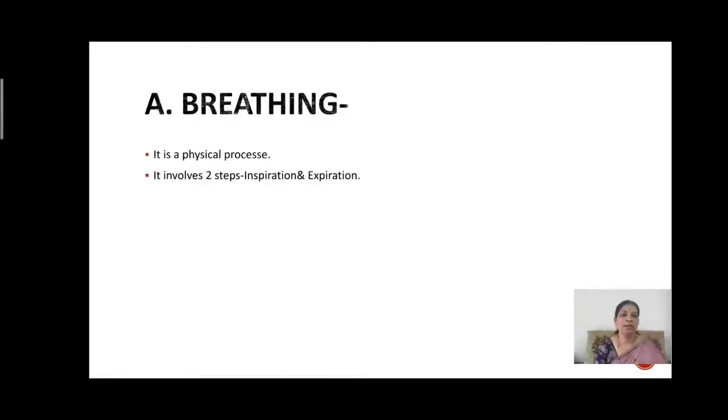The ribs and thoracic cage also relax, due to which there is a decrease in the volume of the thoracic cavity, and automatically an increase in the pressure of the thorax and the lungs.